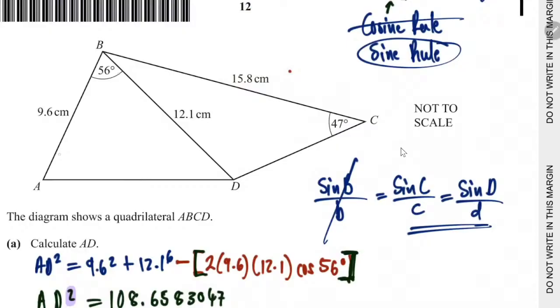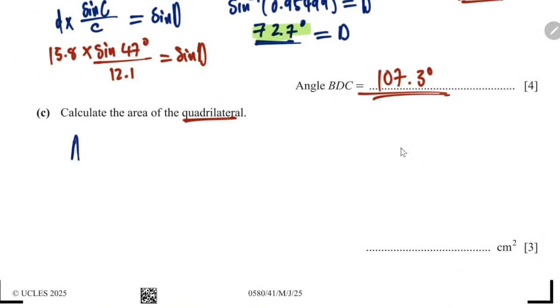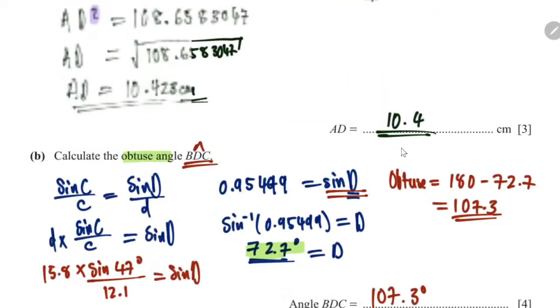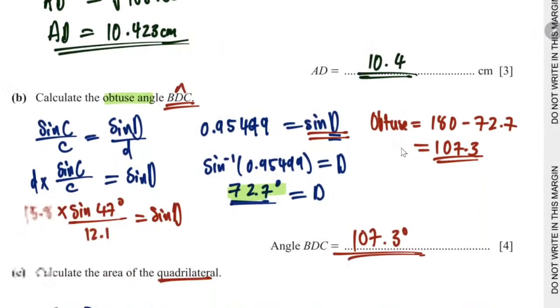We can easily find the area of ABD. You can say area of triangle ABD. We know what you do. You say this times sine this over 2, which is AB sine theta over 2.